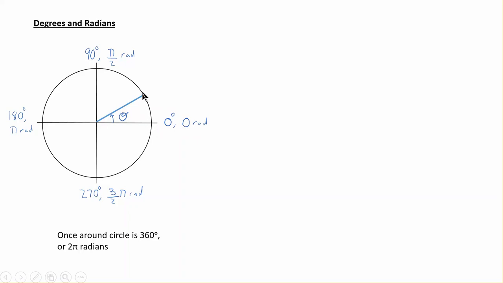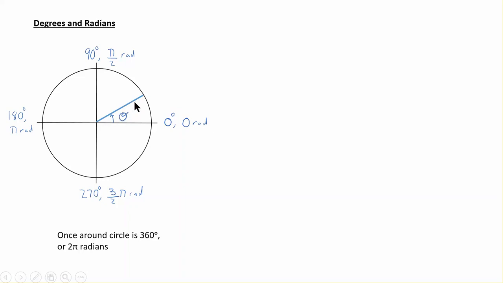If I move this blue line over to here, so the angle that it's making is 90 degrees, that corresponds to pi over 2 radians. So 90 degrees is the same as pi over 2 radians. Again, radians are just a different unit for measuring angles. If this blue line was over here, then we would say it's making a 180 degree angle, or pi radians.